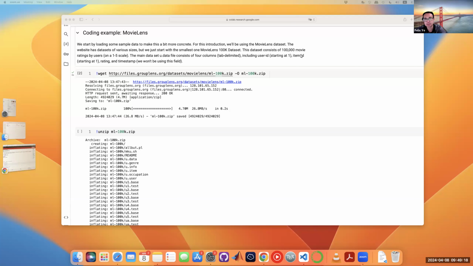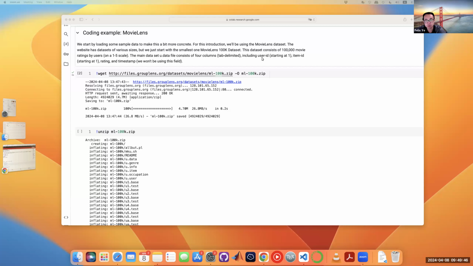This data set has 100K movie ratings by the users, which we have talked about. The rating is 1 to 5. The data set basically has 4 columns, tab separated, including the user, the item, the rating, and the timestamp.